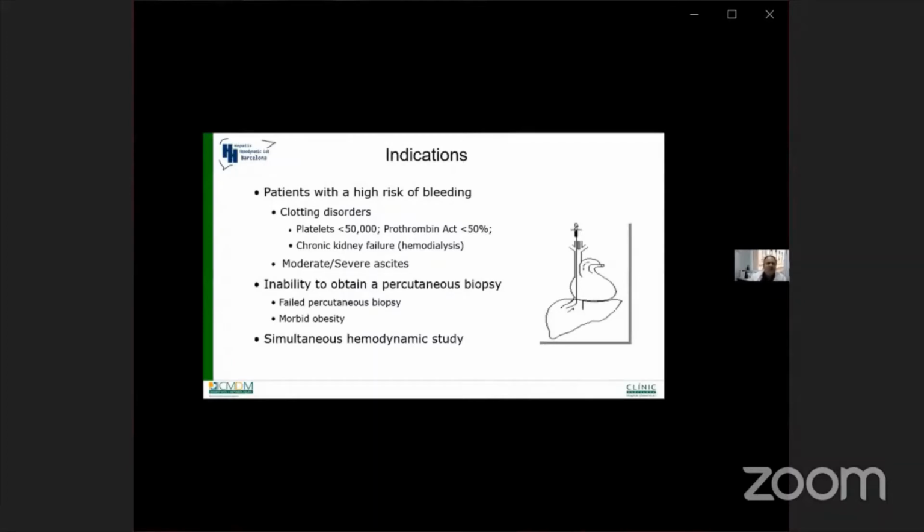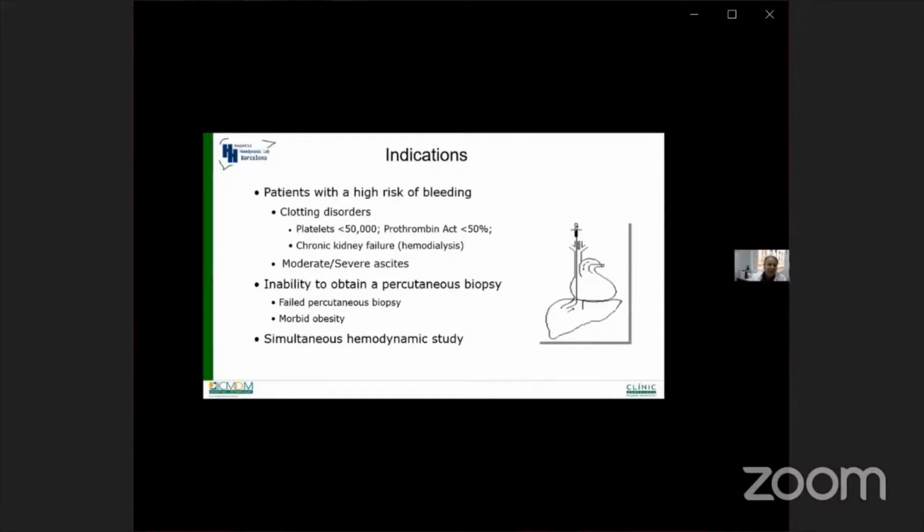But generally, it is used when the physician taking care of the patient thinks that the patient is at high risk of bleeding. In addition, in patients with morbid obesity, it's sometimes very difficult to use the percutaneous approach, or they have tried a percutaneous biopsy first, but failed.